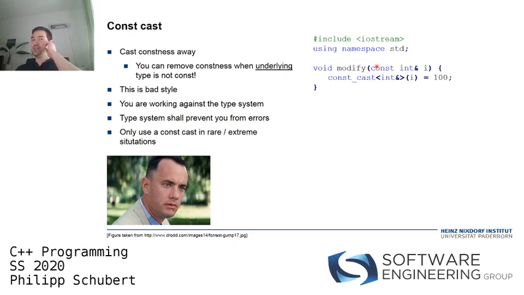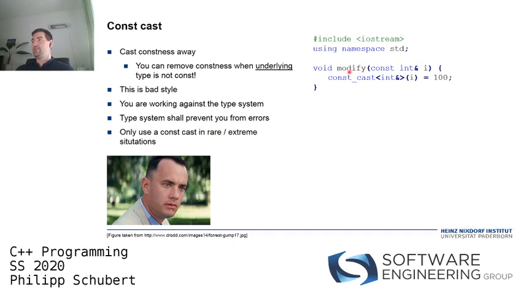So what we can do is if we have a function, for instance, which receives a const int ref, and the parameter's name is i, usually within that function we can only read from that integer i. But what we usually can't do is write a value to i because it's a const int ref, it's a const ref. Right?